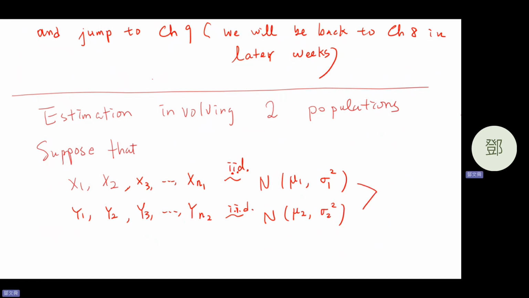And the two samples are independent. Okay? You see that?